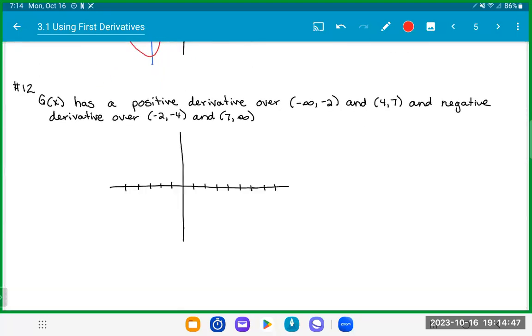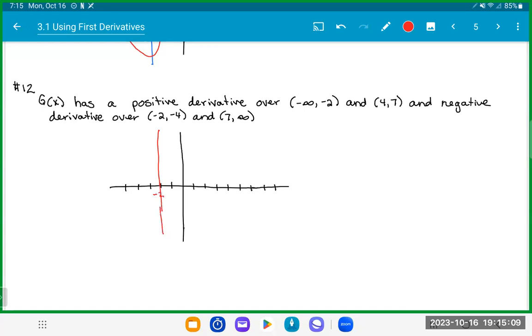All right. So this next part, this is number 12. Same instructions. This one says that our function has a positive derivative over the interval negative infinity to -2. So here's -2.